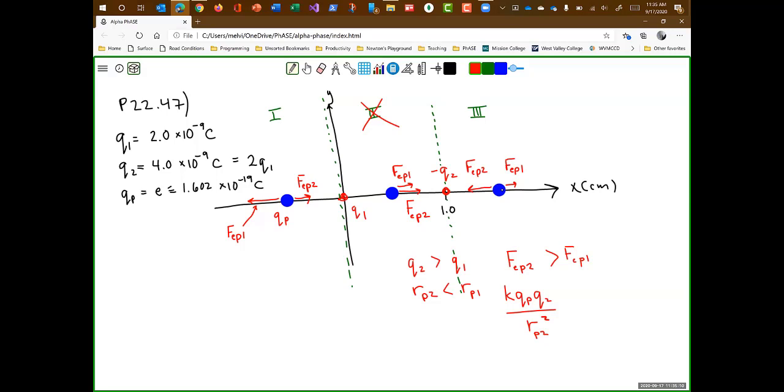Because the numerator of the left side is greater than the numerator on the right side, which involves charge 1, and because the denominator on the left side is smaller than the denominator on the right side, I know that the electric force due to charge 2 must be greater than the electric force due to charge 1. For those reasons, I could rule out region 3.